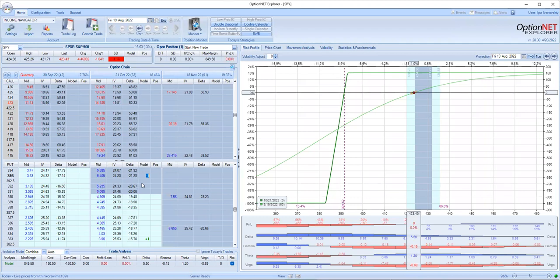The 393 put has about a 20% probability of expiring in the money, right? So my potential risk has increased 4 times. Not risk in terms of dollars, but risk of expiring in the money. Right, so I don't necessarily think that spreads are best.